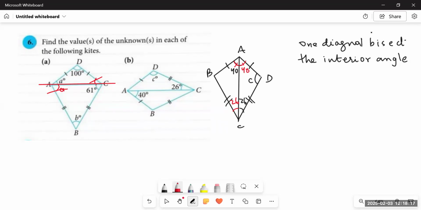So this is how we can easily figure out the two unknown angles. Now, if we have to find out angle C, we can see that it's in this triangle, which is ADC. And since we have found two of the angles in ADC, we can now easily figure out the third angle by adding 26 with 40 and subtracting it from 180.